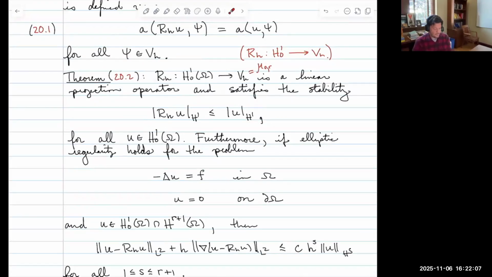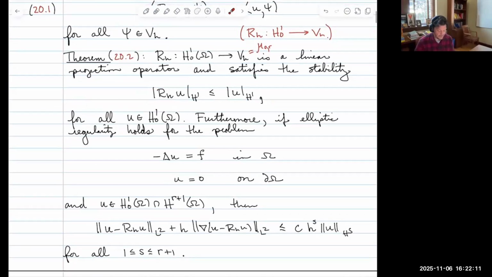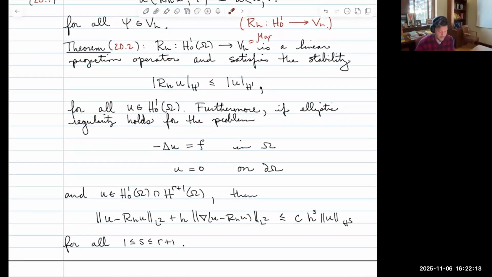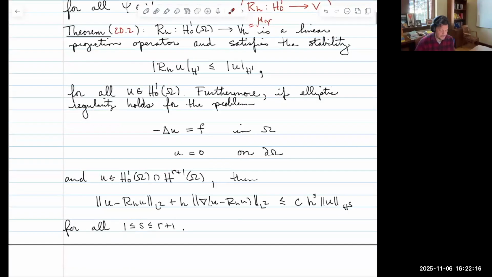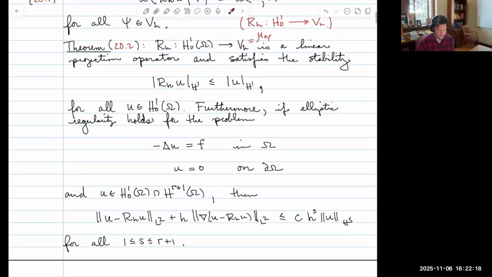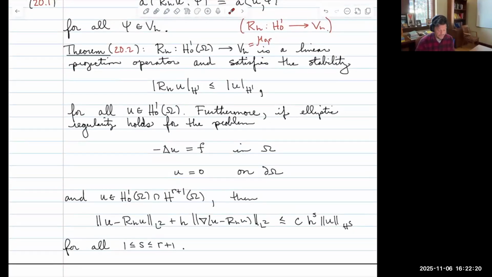So this Ritz projection operator is quite useful to us, even though it seems like it's really nothing. It turns out this is going to be a key to the analysis that we do. We're going to use this again and again. So the first time that you see me use it, you'll probably be puzzled. The second time and the third time, I hope you'll get the drift.